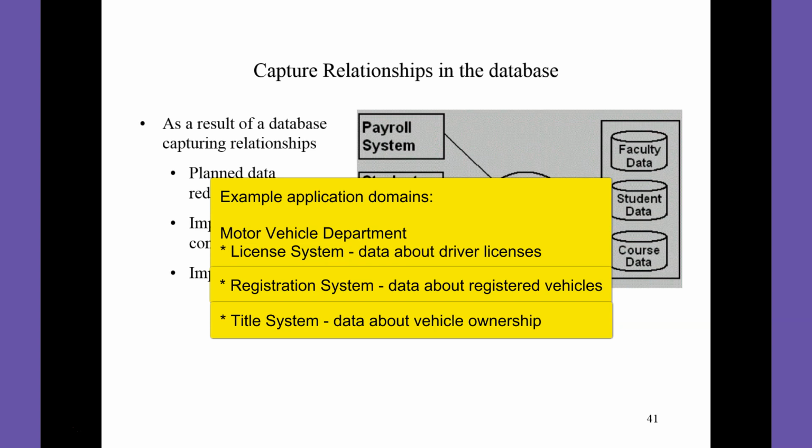Suppose that you have a driver's license. You have a vehicle that is registered to you, and you own a vehicle. How many times should your name and address be stored? Well, if they are independent systems, that information is stored repeatedly. But the question is, is it stored the same way?